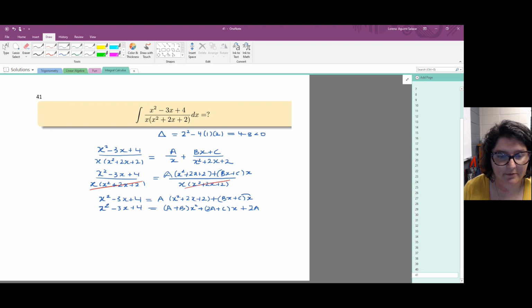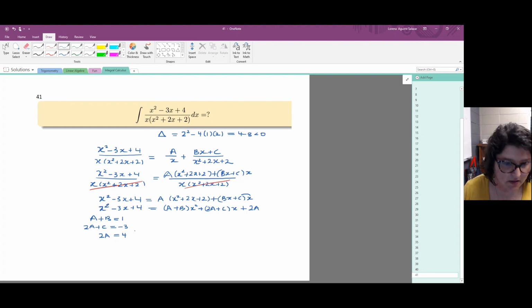As we match coefficients, we see that a plus b has to be 1, 2a plus c has to be -3, and 2a has to be 4. And there we have a system of 3 equations with 3 unknowns.